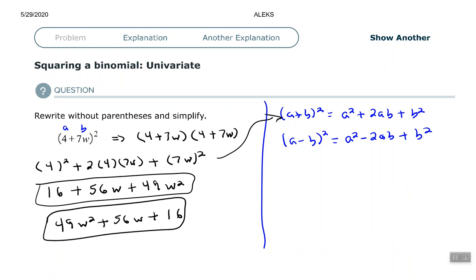I just changed the order because we normally write answers or expressions in descending variable order if we can. We only have one variable. Okay. So again, the alternative to this is to use the full distributive property: 4 times 4, 4 times 7w, 7w times 4, 7w times 7w, and you will end up with the same answer. All right, so let's try another one.